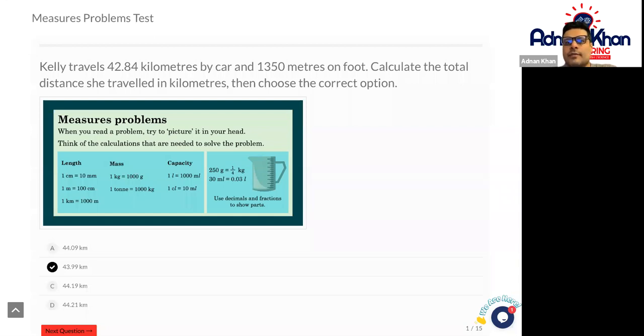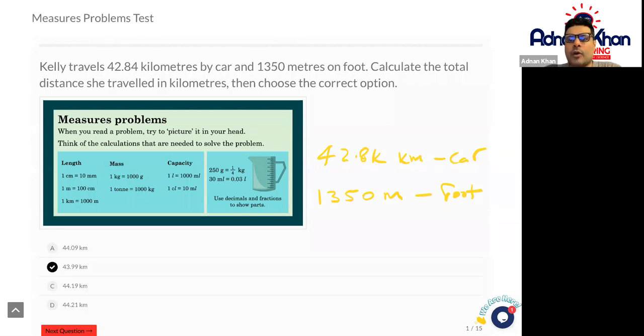First of all, we've got 42.84 kilometers by car. And then we have 1,350 meters by foot. Now let's convert 1,350 meters into kilometers, and then we'll add the two sums together.